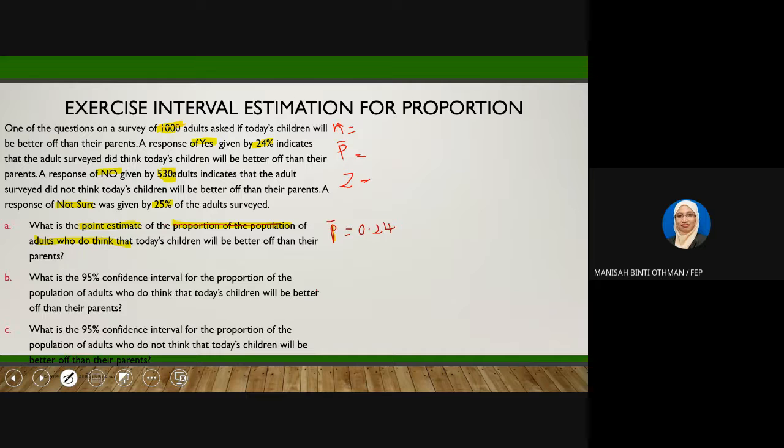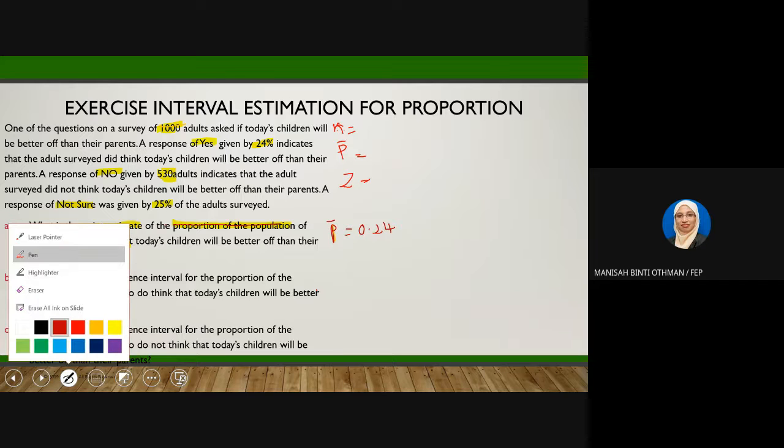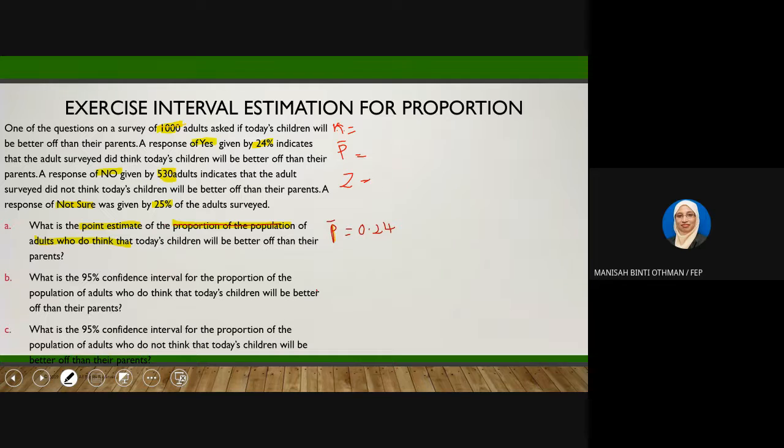So the characteristic in C is different from B. How many answer no? 530. So you have to use a proportion based on 530, not 0.24 anymore. I give you a little clue: this P bar is different from the above one.